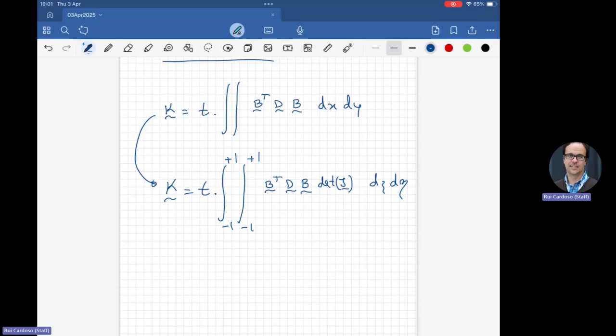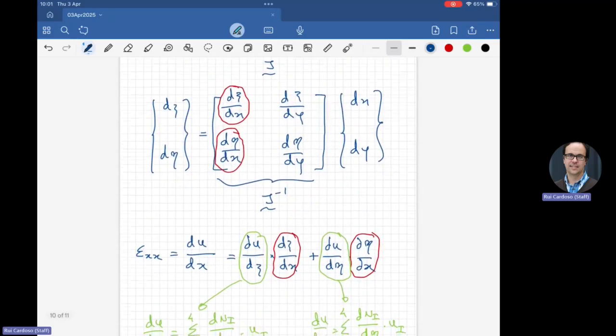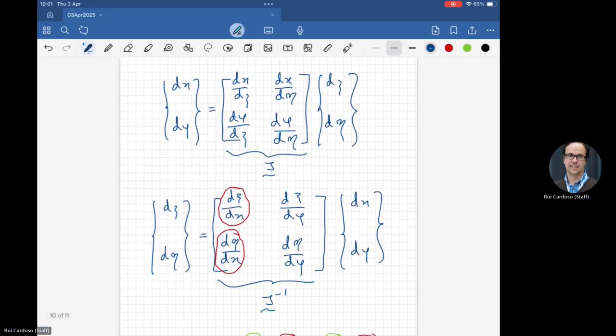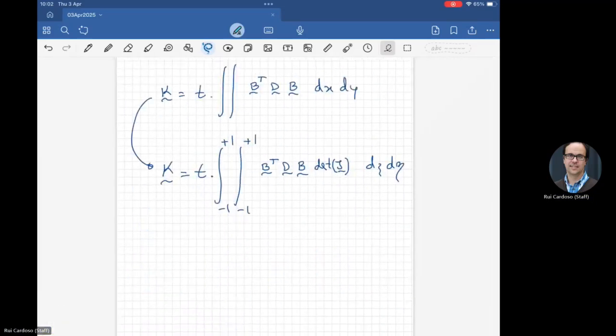The last slide, we got it, yeah? So here in the last slide, the determinant of the Jacobian, if you want, I can very quickly, we can even ask MATLAB to calculate the determinant. Right?